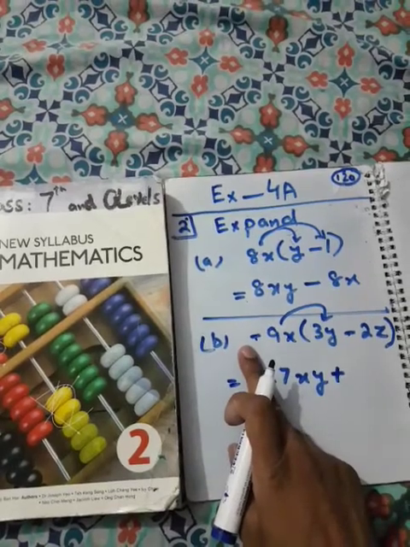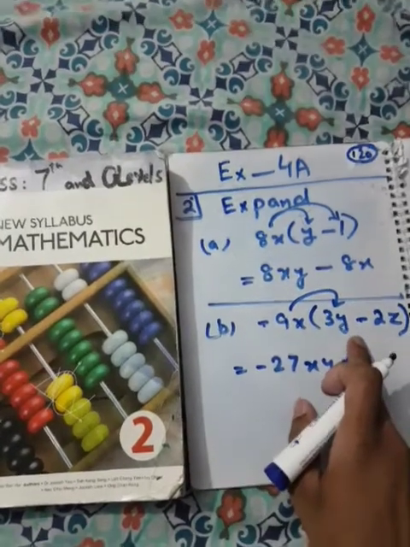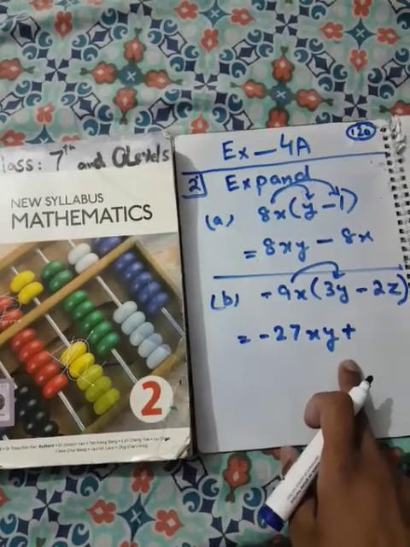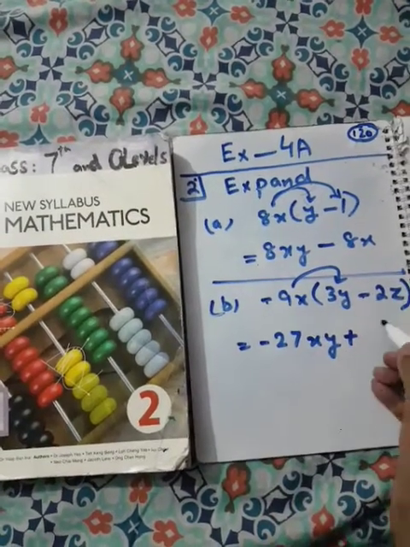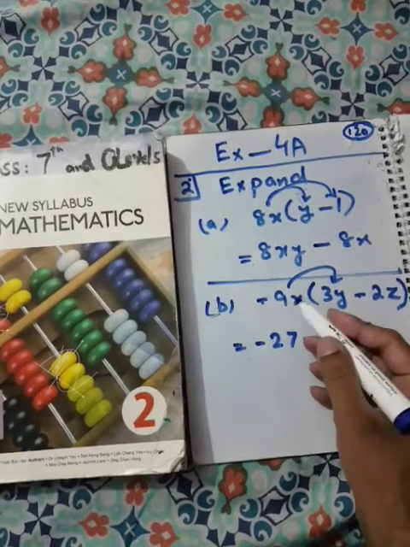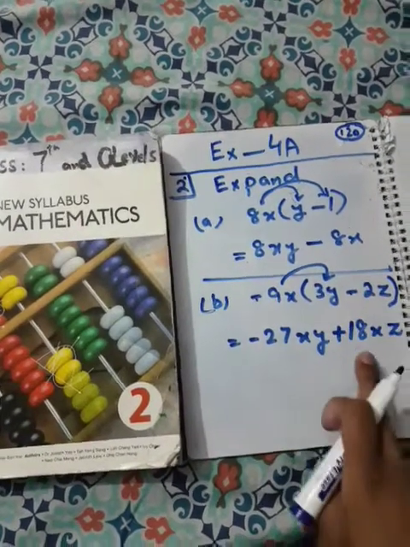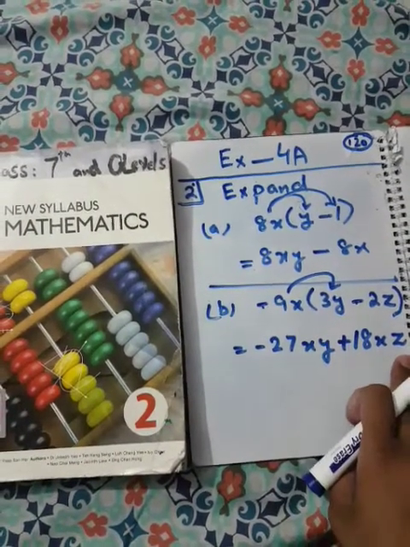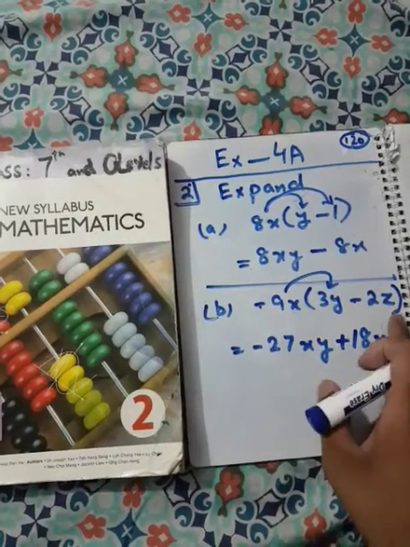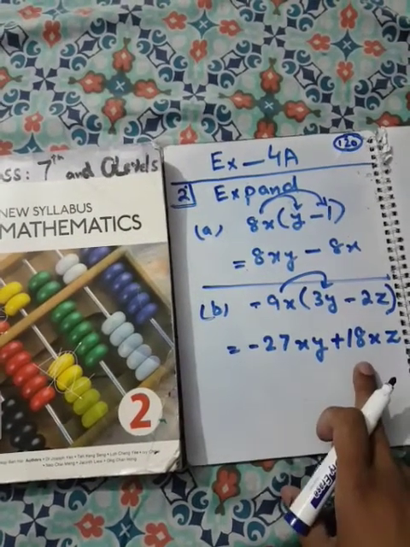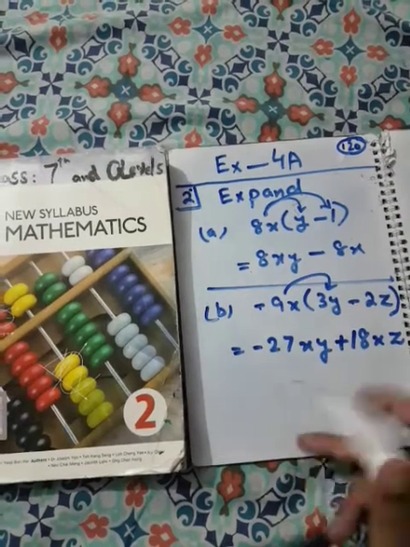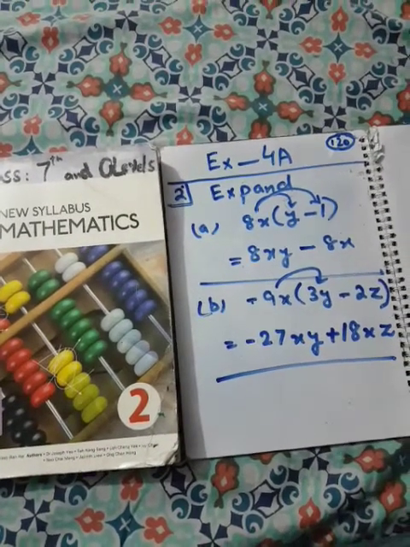Because of the minus sign outside of the bracket, the sign inside the bracket will be turned into positive. 9 times 2 will be 18, x and z. The x of 9 will be multiplied with the z of 2 and we shall get 18xz. The question has been done.